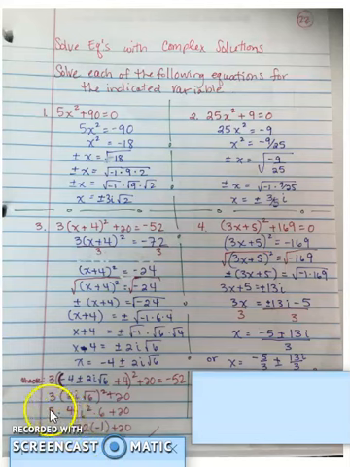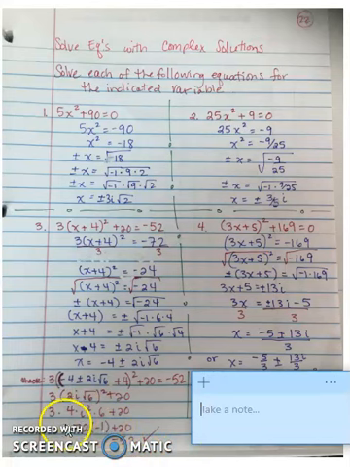Just kidding. 3 times 4 is 12, 12 times 6 is 72. And then i squared, remember that's the square root of -1 multiplied by the square root of -1 again, and that becomes -1. 72 times -1 is going to be -72, plus 20 becomes -52, so I know I've got the right answer.